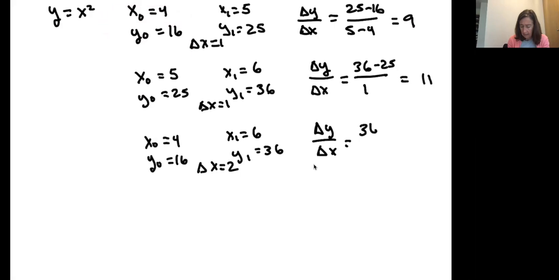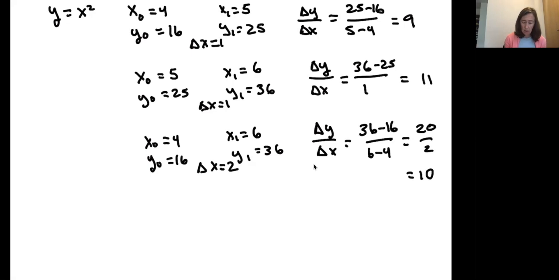I get 36 minus 16 over, so that's my delta y, and delta x is 6 minus 4. So 20 over 2, I get 10. Okay, so 3 different numbers for what the slope of y equals x squared is.